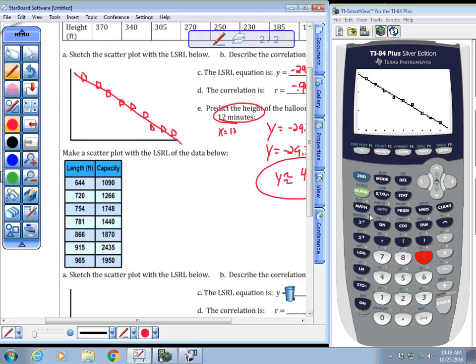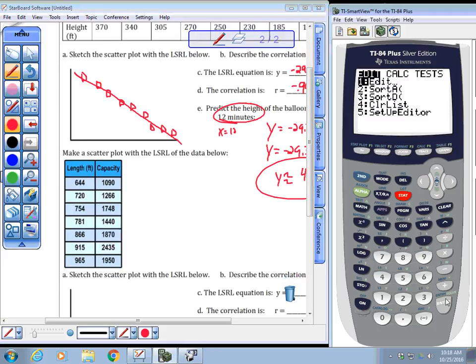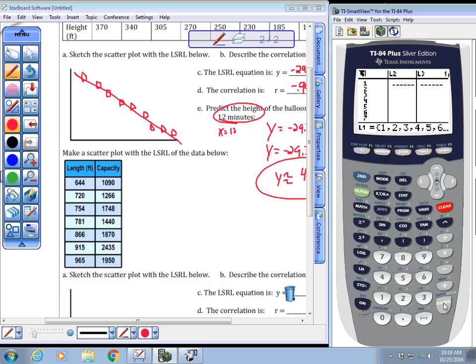All right, last one. We're going to go to stat. We'll edit, clear, and then enter in our data. So entering in our data. And then our data for the y values.